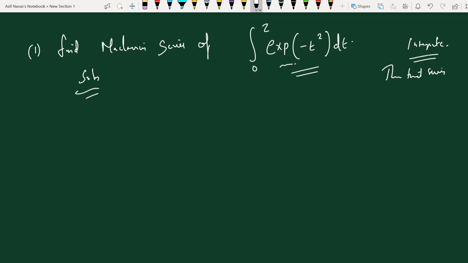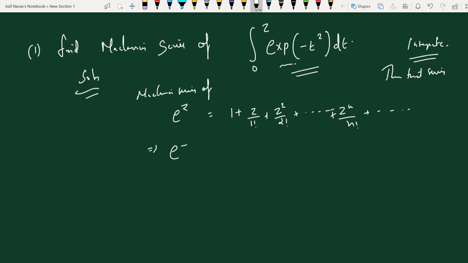So what we will do is, we already know the Maclaurin series of e raised to z. What is the Maclaurin series of e raised to z? 1 plus z by 1 factorial plus z square by 2 factorial plus etc., z power n by n factorial plus etc. Then what is the Maclaurin series of e raised to minus t square?